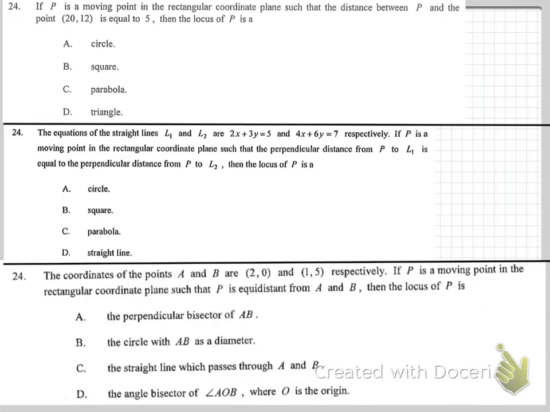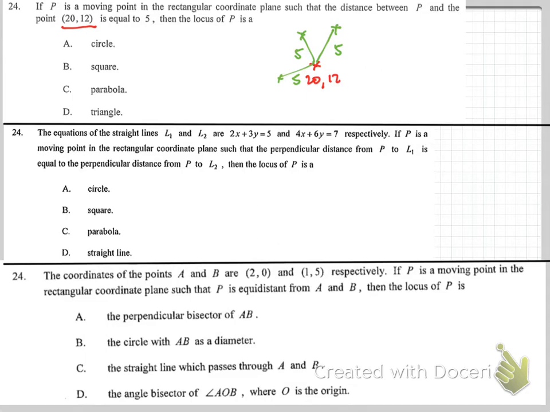The first question, question 24, the top question. If P is a moving point such that the distance between P and the fixed point (20, 12) is equal to 5, P is moving so that the distance is always 5 units, regardless of P. So the question is, what is the locus described by P?